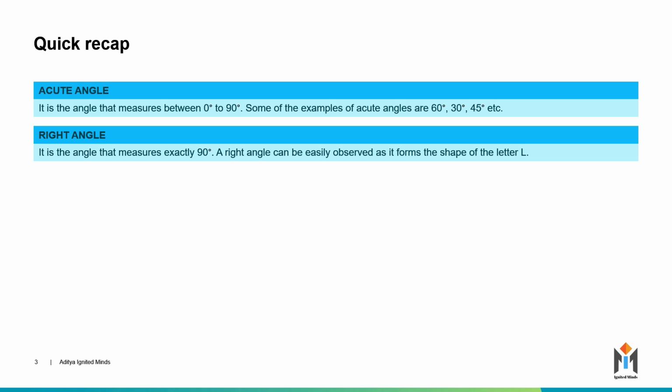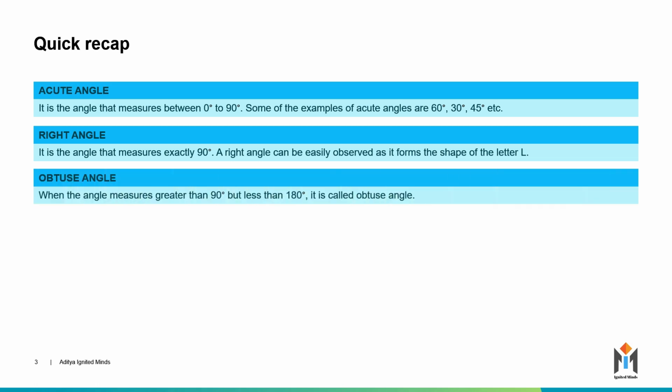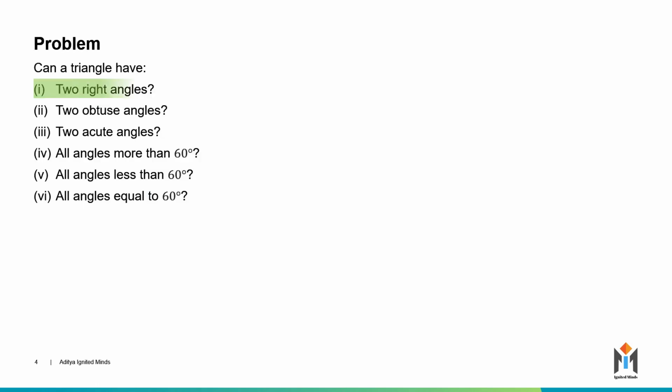We can easily observe 90 degrees by looking at the shape of a letter L. And when the angle measures greater than 90 degrees but less than 180 degrees, it is called an obtuse angle. So with this background, let us look at how we can solve the given problem.